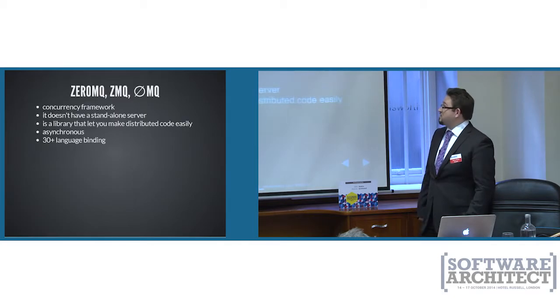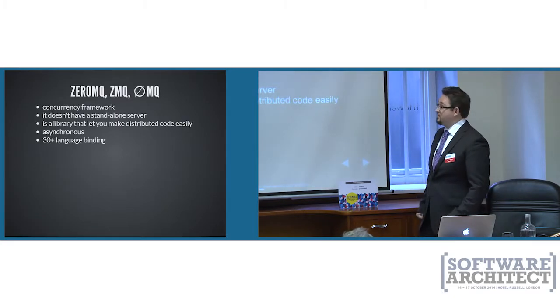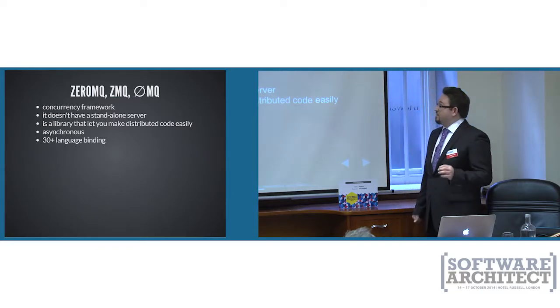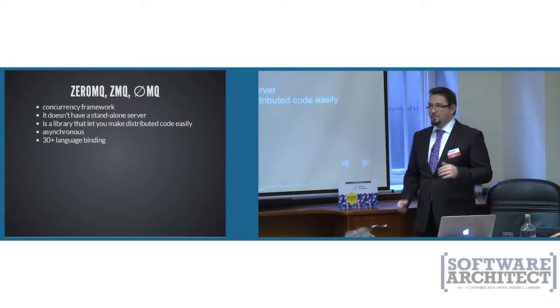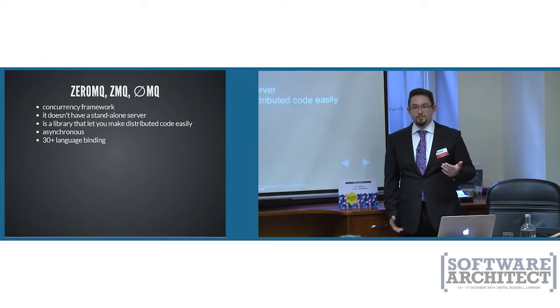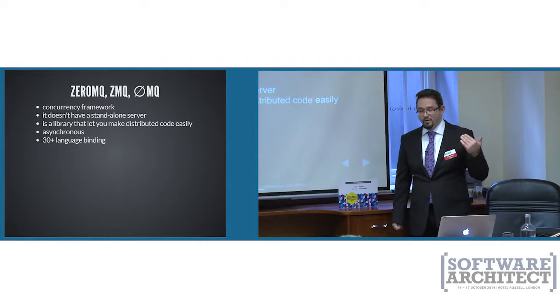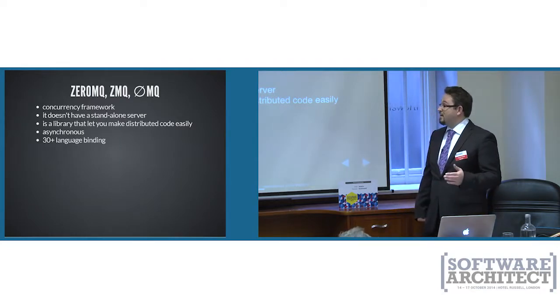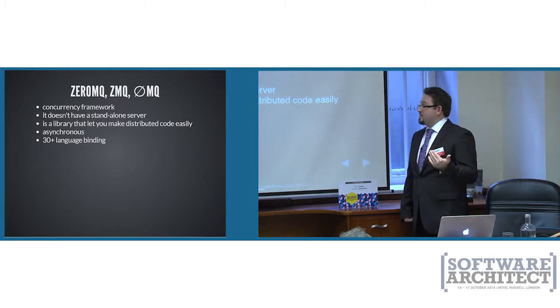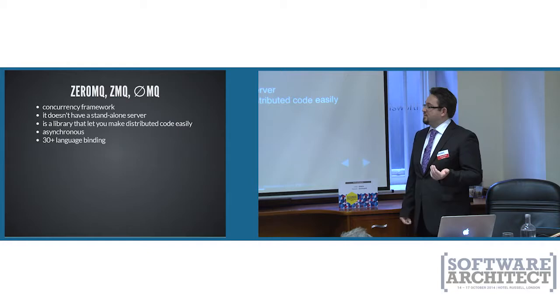But there's a solution, and the solution I found is ZeroMQ. It's actually how they advertise it: come for the networking and leave for the concurrency. And that means it's basically a library.